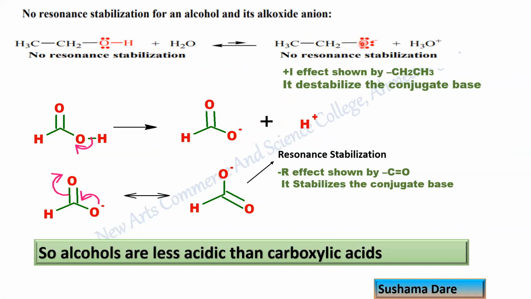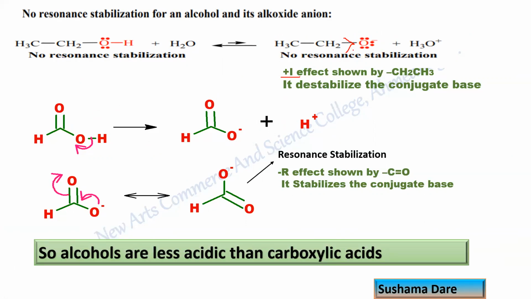But what is the next feature we can see here? The CH3CH2 group is an electron donating group, so it shows a plus I effect. What is the role of the plus I effect? The ethyl group donates its electron density to oxygen. Because of that, the oxygen has more electron density.